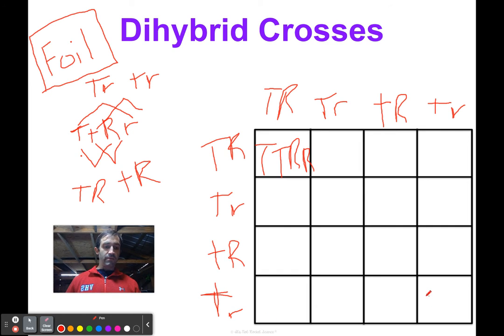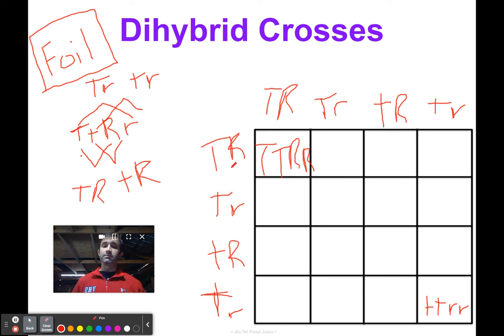So this last one would be little t, little r, little r. Okay, and that will be how you do that, right? Because I put that one there, that one there, that one there, that one there. Okay, and you just keep doing this. This one there, big R, little r, and just keep filling in the squares.